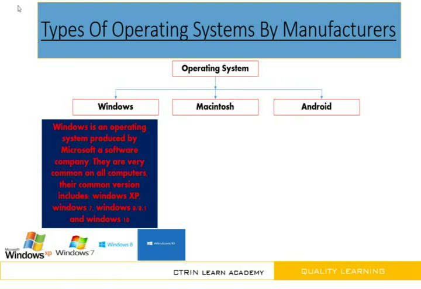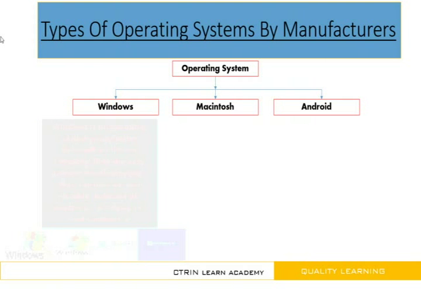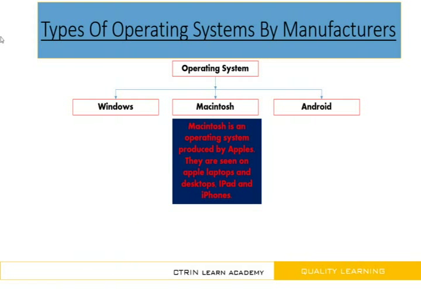Moving on, the next one we'll be looking at is the Macintosh. Macintosh is a well-known brand produced by Apple. If you've been around anything iPhone, iPad, or Apple laptops, the operating system that runs on that type of device is not Windows.